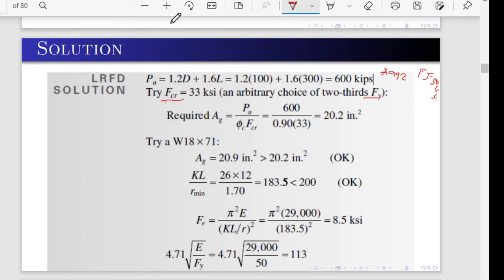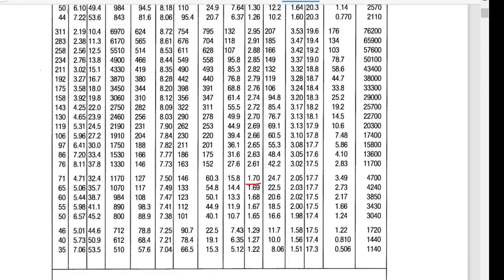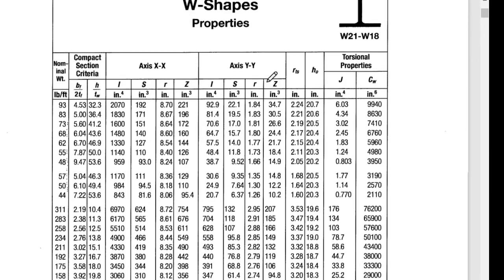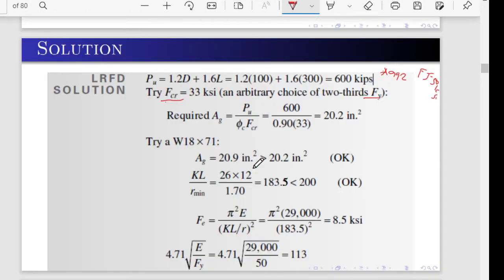Times 12, because KL is in feet and the radius of gyration is in inches, so you have to convert to inches. The answer is 183.5, less than 200.